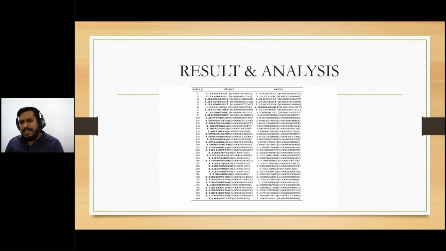That concludes that the SPBO algorithm performs better as compared to the MBO algorithm. So that is the quantitative analysis of the result. And now I am going to the qualitative or visual analysis of the result.